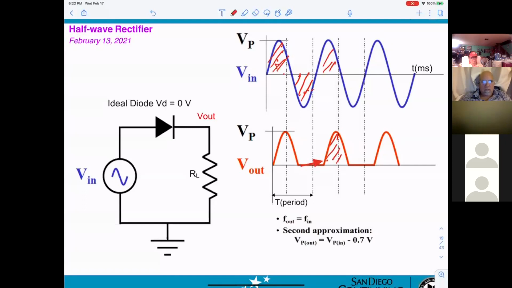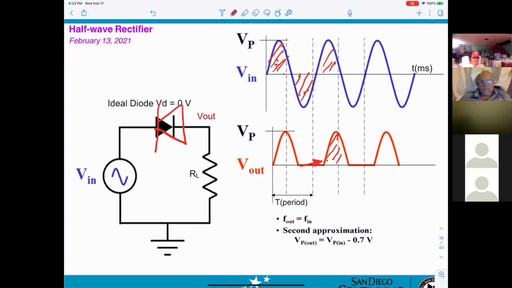However, if I don't want this one, I can flip it this way. Then now they will be rectified only negative.